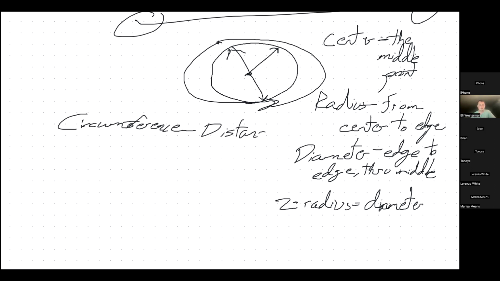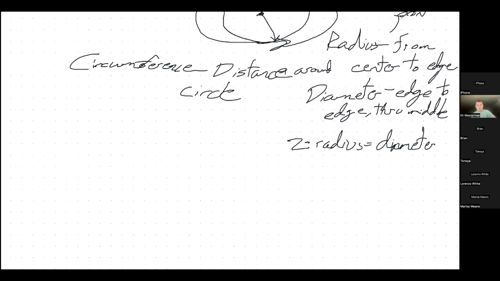So in a way, the circumference is like the perimeter of the circle. You can kind of think of it the same way. Perimeter is the distance around like a rectangle or triangle. Circumference is the distance around a circle. So let's talk about some circle things. Finally, there's something called pi, a number.